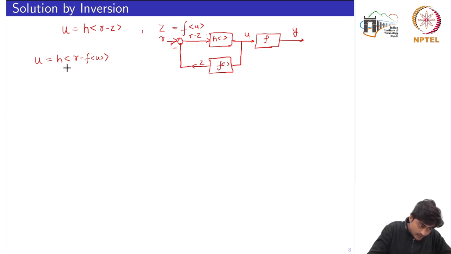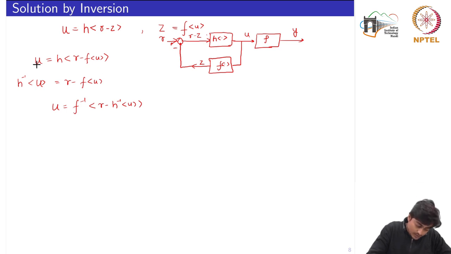Now from here we are going to compute the control signal u. Taking this h onto the left hand side, we would have h inverse of u is equal to r minus f of u. Now from here we would compute u as f inverse of r minus h inverse of u.